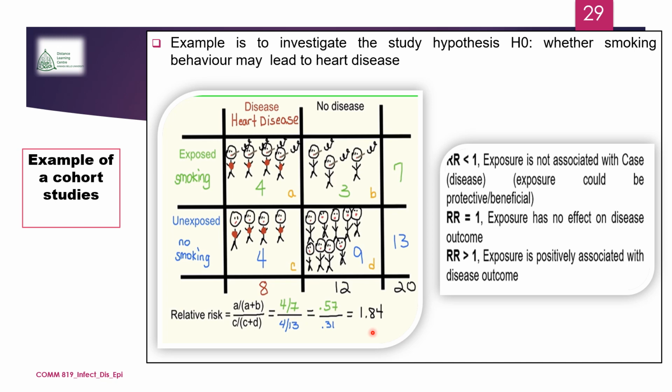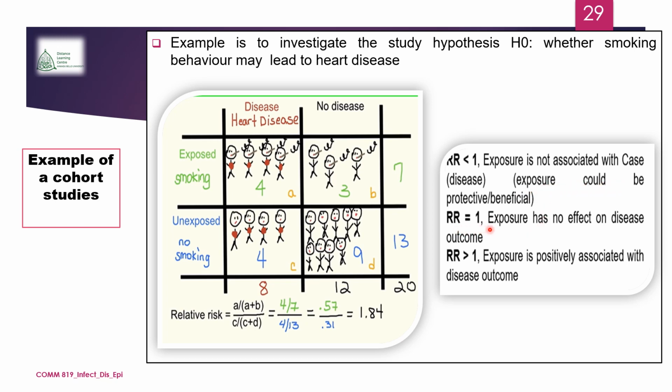Okay, so once you get 18.4%, then you should also note the interpretation. Okay, so based on this, we say when relative risk is less than 1, the exposure is not associated with the disease. That means exposure could be protective.